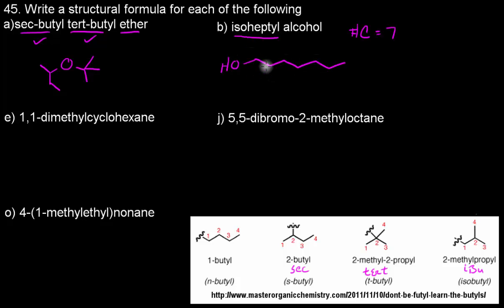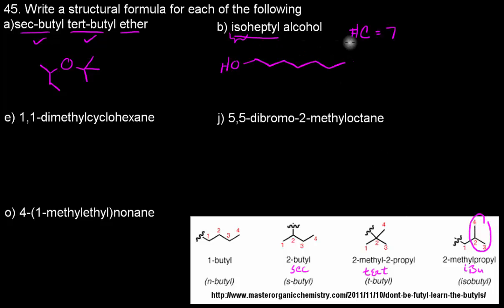So now we have 7 carbons, but one thing we have to address is this iso bit. This isn't going to be an N-heptyl, or else it would look like this. The isoheptyl indicates that you're going to have this kind of V structure in your molecule, such as what's shown here.